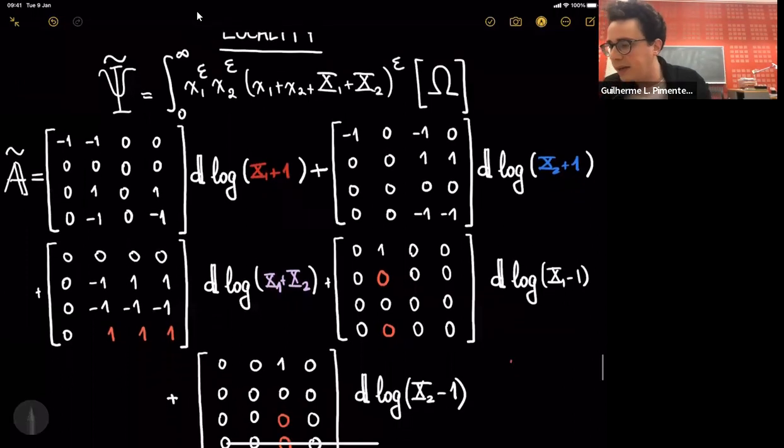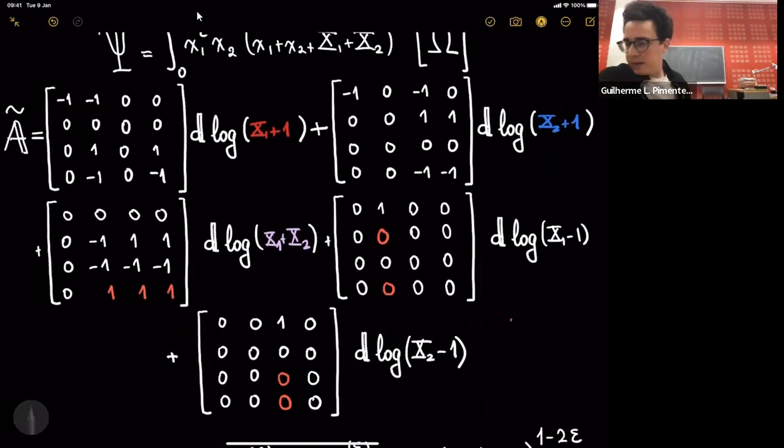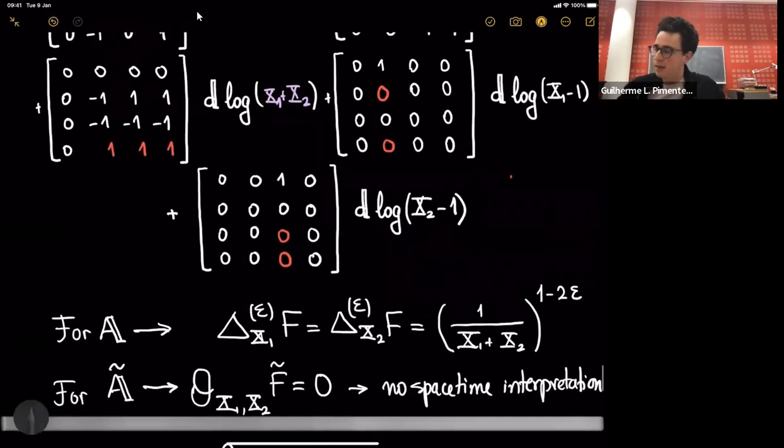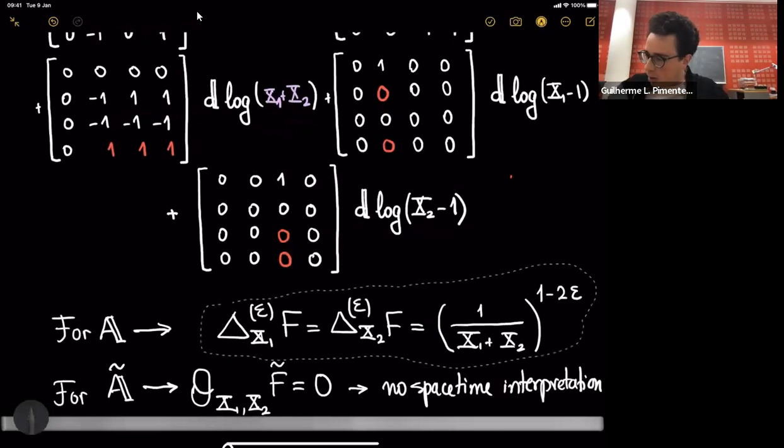And now look at the resulting matrix A tilde. I'm color coding the entries that change under this twist. It looks completely ordinary. It seems nothing very different is going on. And yet, if you study the system for the matrix A, you can massage it and land on local differential equations for the top row.